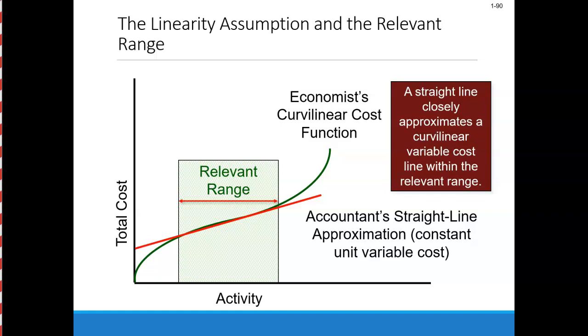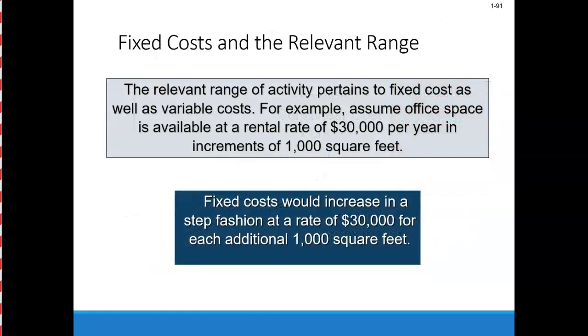As you see here, a straight line closely approximates a curvilinear variable cost line within the relevant range. Accountant's straight line approximation, constant unit variable cost. So based on the activity, the total cost can, as long as it's within a relevant range, stay pretty constant. The relevant range of activity pertains to fixed cost as well as variable cost.